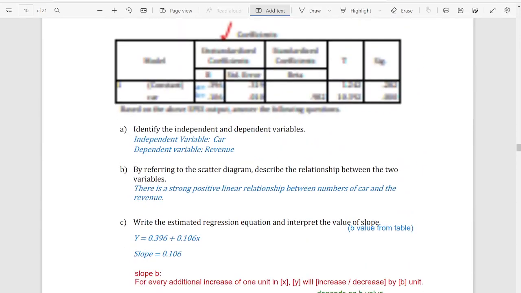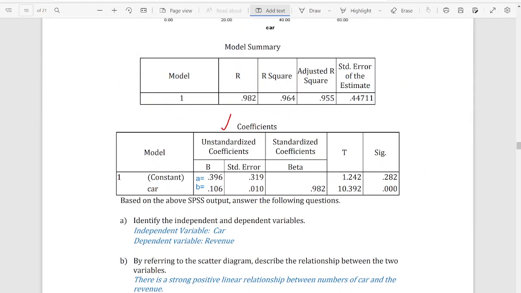So if you look at this output, you have the R is 0.982. When you square the value of R, you get 0.964. The R squared here is what we call as the coefficient of determination.